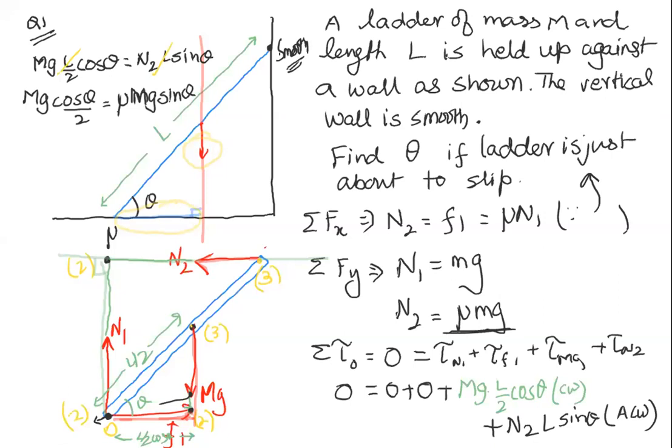So mg and mg will cancel out, and I will get tan theta is equal to 1 by 2 mu. Theta is equal to tan inverse of 1 by 2 mu. थोड़ा थोड़ा क्लियर हो रहा है कैसे करना है.